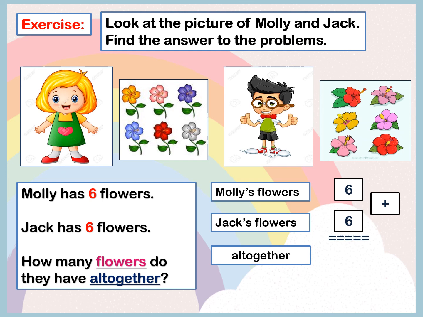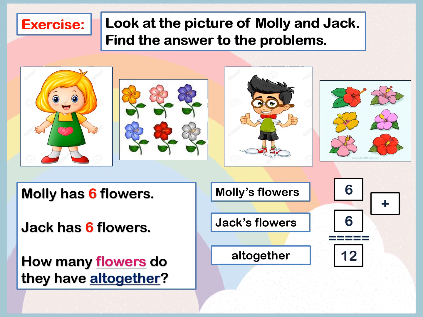6 plus 6, what do you think is the answer, kids? Are you ready? Let's count the flowers. Jack's and Molly's flowers. Ready, go. 1, 2, 3, 4, 5, 6, 7, 8, 9, 10, 11, 12. So Molly and Jack, or they, have how many flowers altogether?